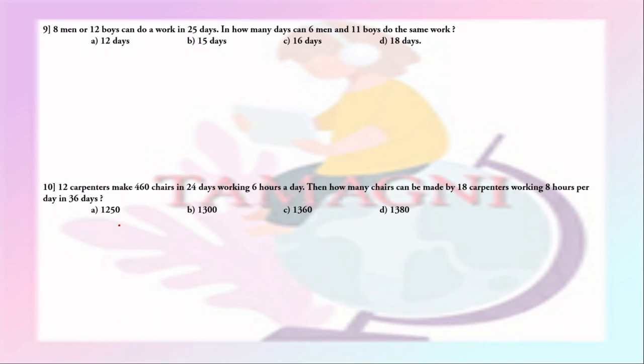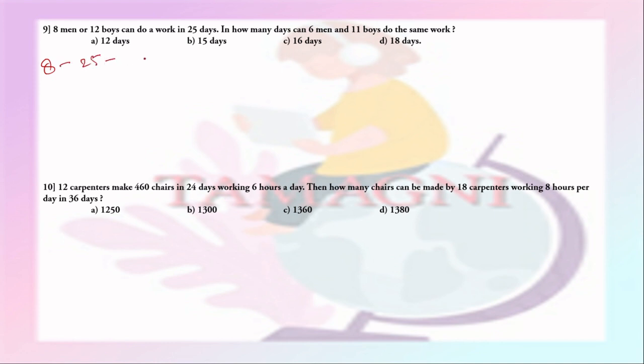Question number 9. 8 men or 12 boys can do a work in 25 days. In how many days can 6 men and 11 boys do the same work? So 8 men can do the work in 25 days.